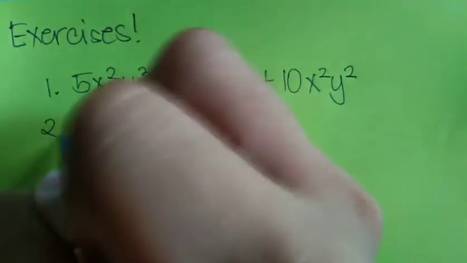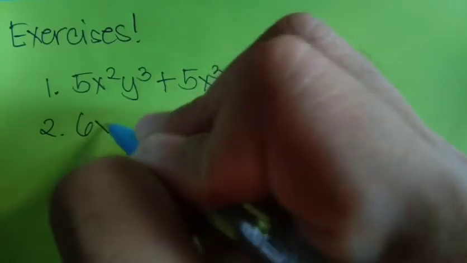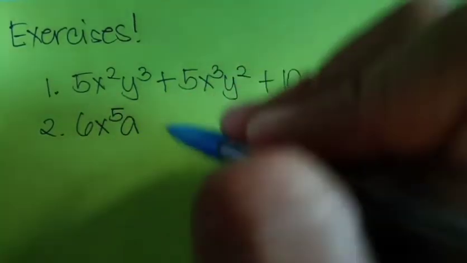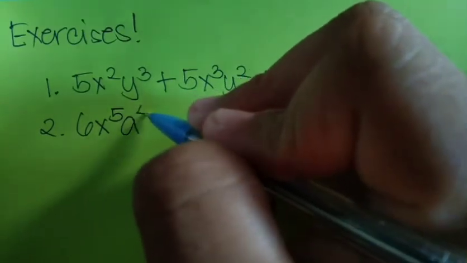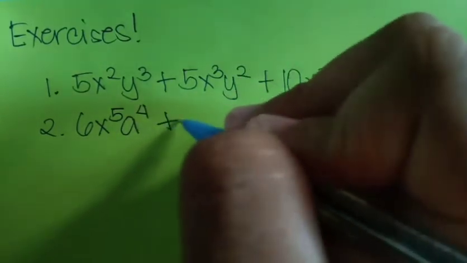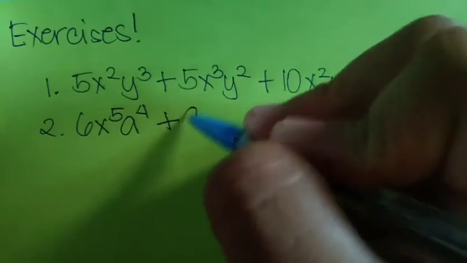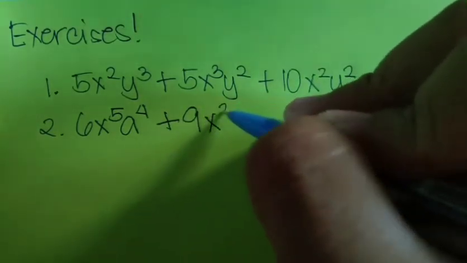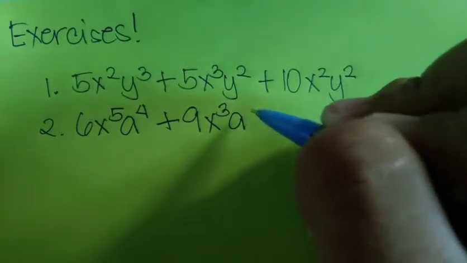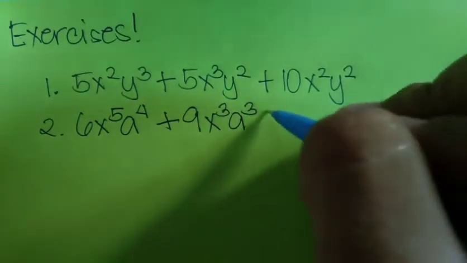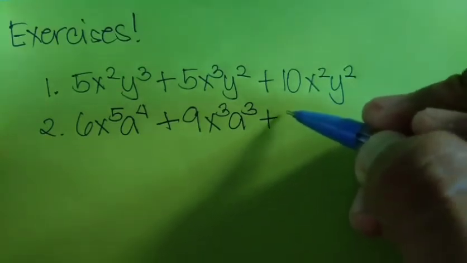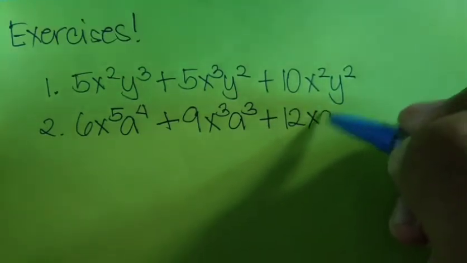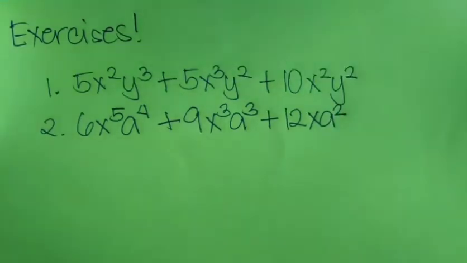Number 2, we have 6x raised to the 5th power a raised to the 4th power, plus 9x cubed a cubed plus 12x a squared.